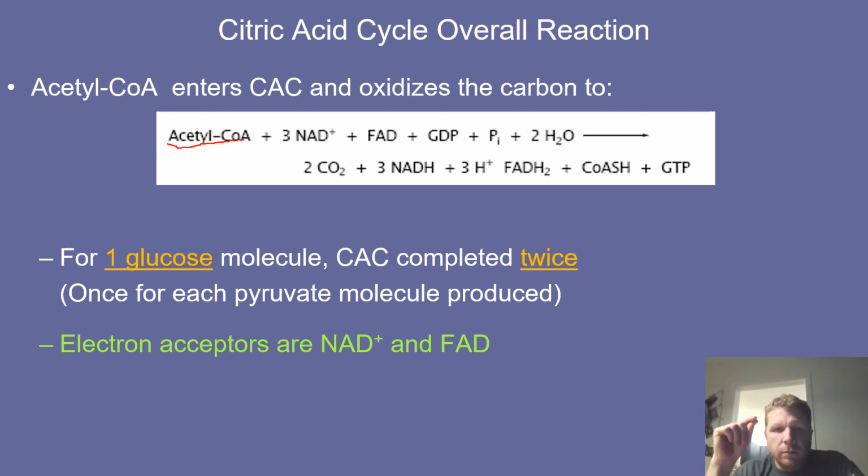Each pyruvate ultimately is utilized to make an acetyl-CoA molecule. So from one glucose molecule, you are going to send carbons from glucose through the citric acid cycle, or the CAC, 2 times.